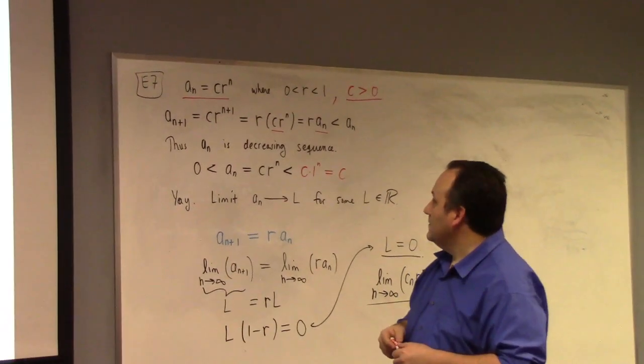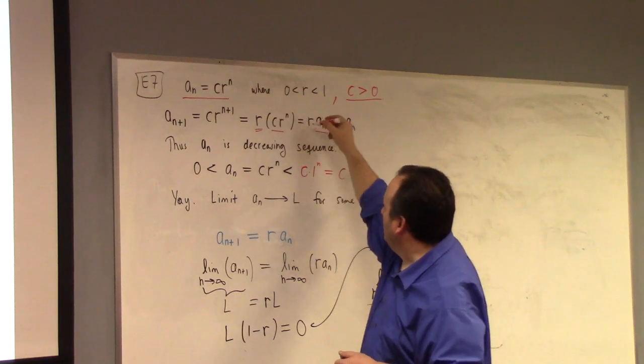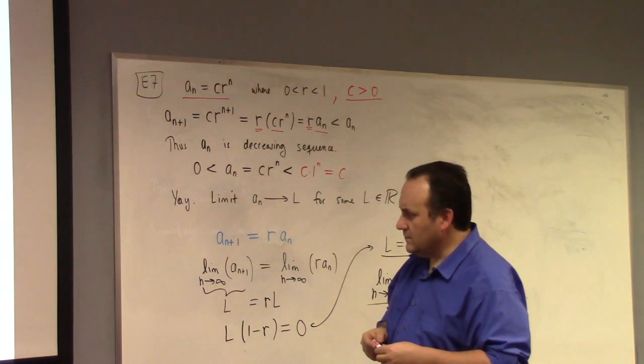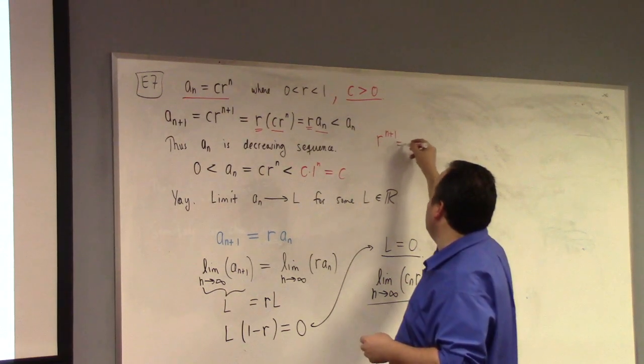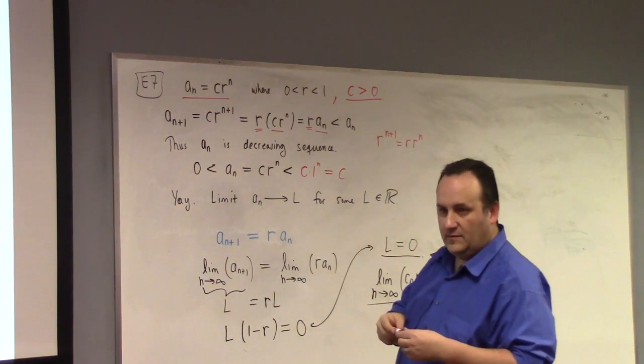Well, there's r's here, so that r is this r. Well, I know, but how did you get it there? Oh, well, r to the n plus 1 is equal to r times r to the n, right? Okay, so there we go.